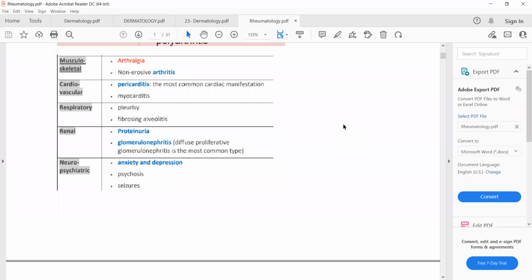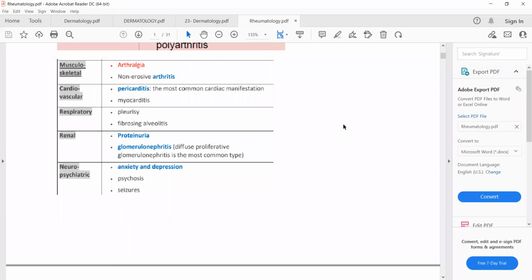After head, there is the chest cavity, and the chest cavity contains two important organs, that are heart and lungs. Cardiovascular manifestations of SLE: remember that all the body cavities such as pericardial cavity, pleural cavity, and peritoneal cavity are all affected in SLE.